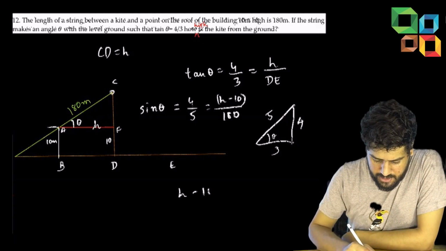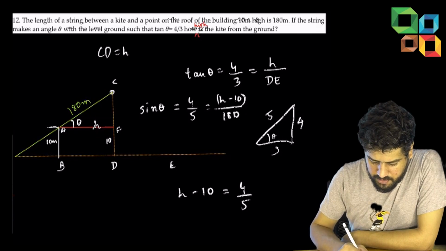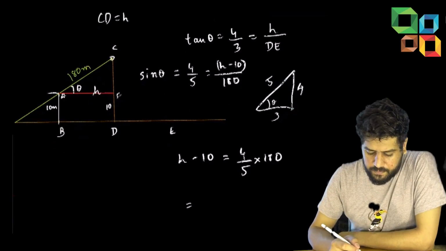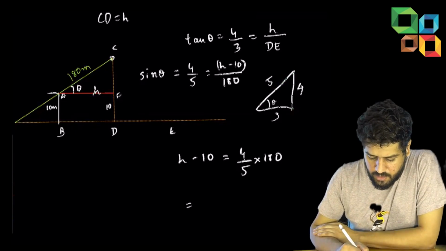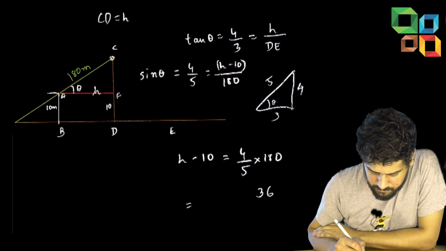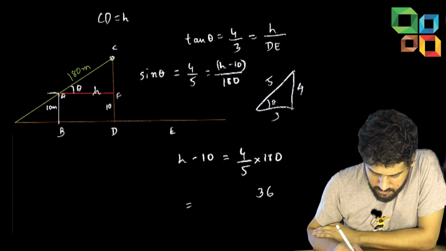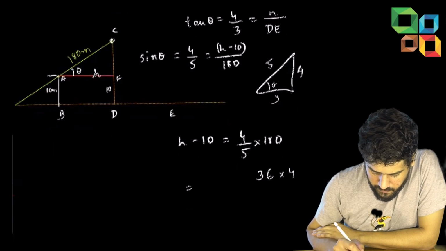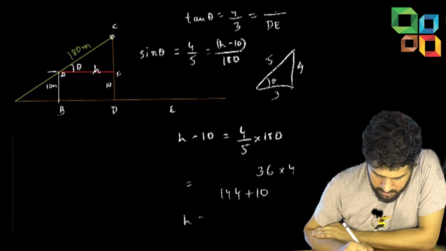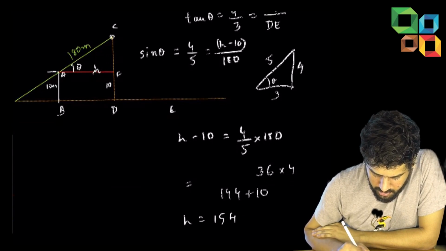So h minus 10 is equal to 4 by 5 times 180, which is 36 into 4, 144. Plus 10, so h is equal to 154 meters.